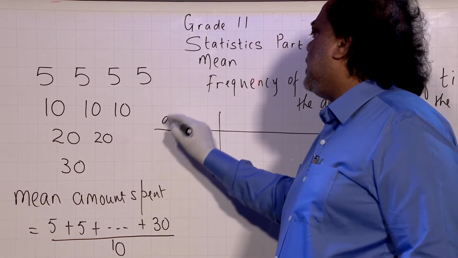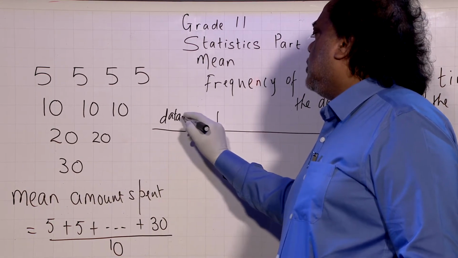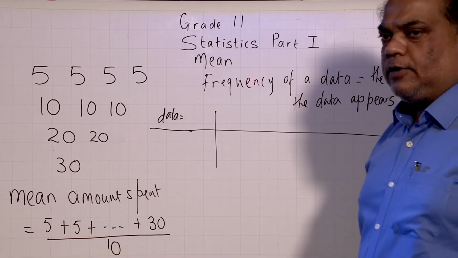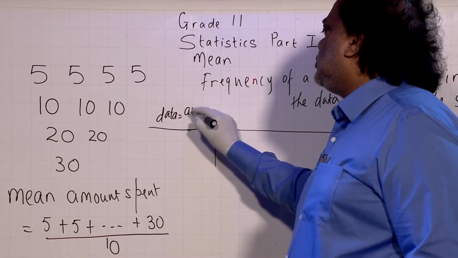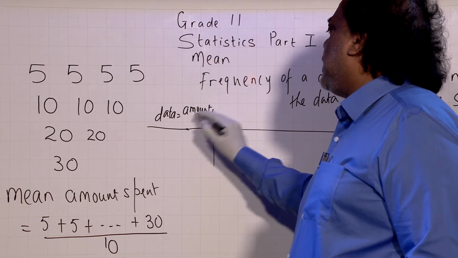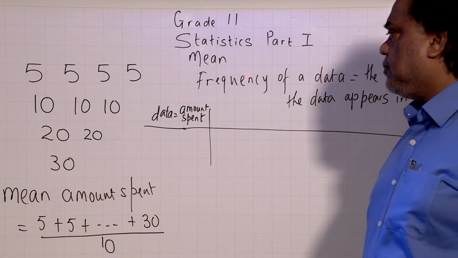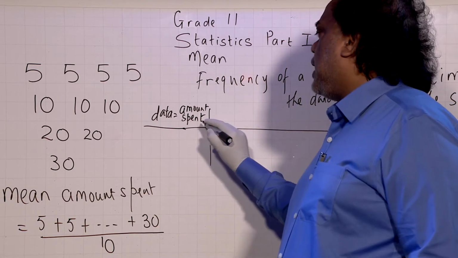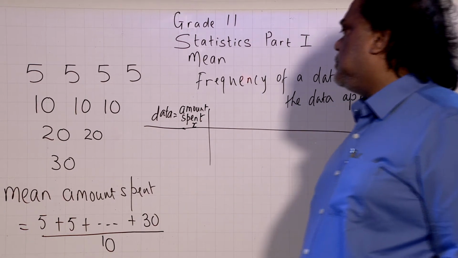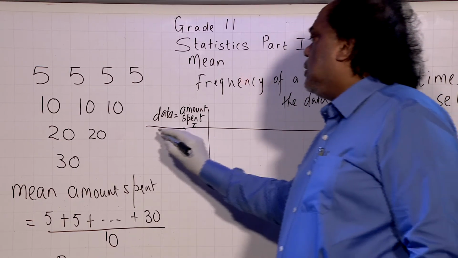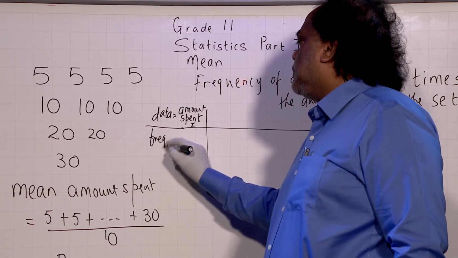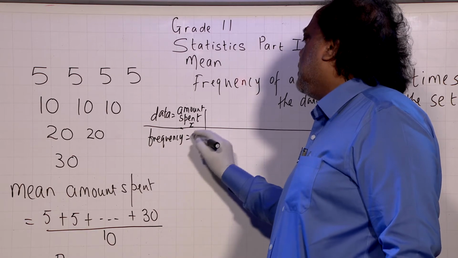First, we have data. What is the data here that we have collected? Amount spent during lunchtime. We can represent that by the letter X. Frequency. What is the frequency here?